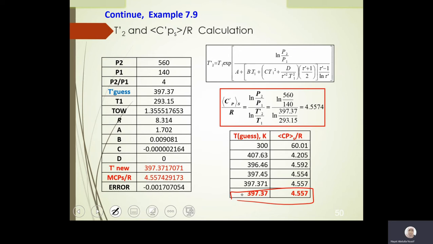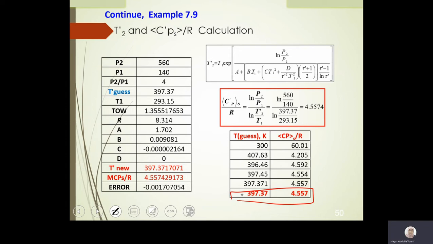And see, from the actual work, what if I ask you to get the final temperature? Can we find it? Of course we can, because that delta H simply equals delta H actual. In other words, it is CP mean H T2 minus T1.